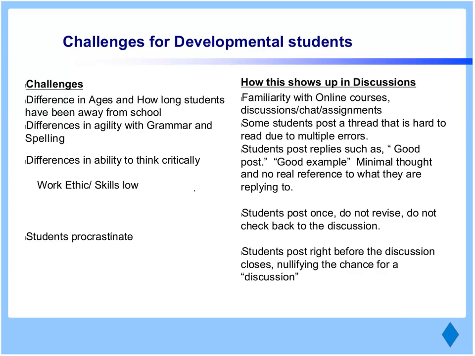And there's differences in agility with grammar and spelling. I think especially at community college level, and especially with the developmental courses, some of them are pretty good with their grammar and spelling, and others, we'll just say, need a little bit of work in that area.